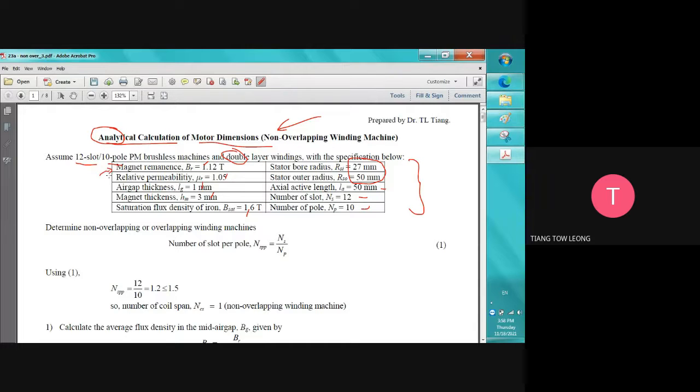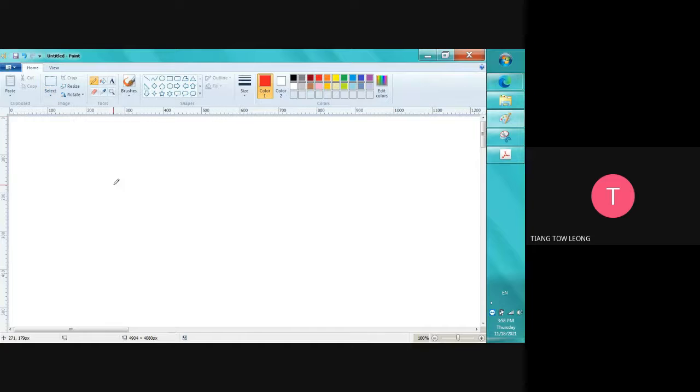So magnet remanence. Magnet remanence is the capability of the magnet when it is not excited, which means it's at a rested position. For example, we have a neodymium ferrum boron. Once we excite it with a coil, initially Br is 0 because no excitation.